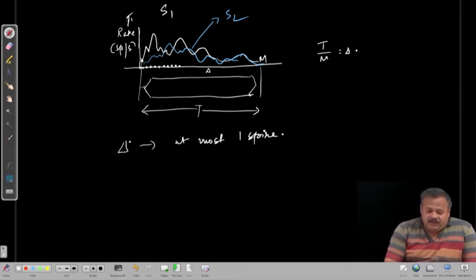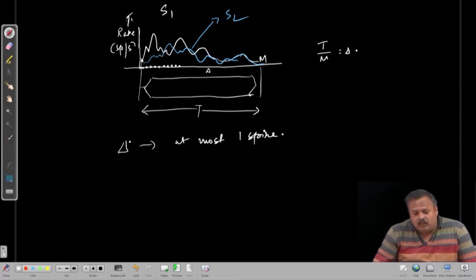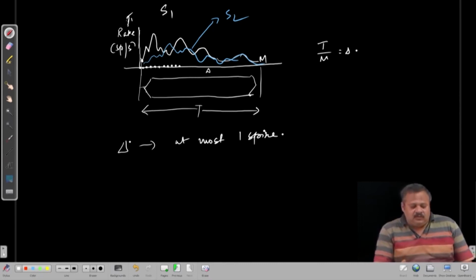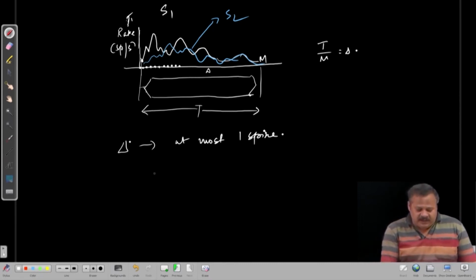In that case, we know that the rate becomes proportional to the probability of spike in a particular window, and so we can convert the PSTH into bins where each bin essentially gives us some probability of spike in a particular window.